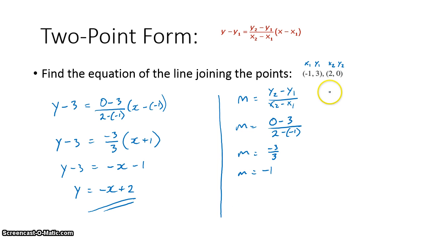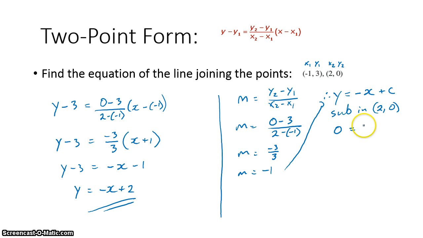What that tells me is my equation must be in the form y equals negative x plus c. Now I can sub in one of the points and find out c. So I'm going to choose to sub in the point 2, 0. So I'm going to have 0 equals negative 2 plus c. This tells me when I add 2 to each side that c is equal to 2.